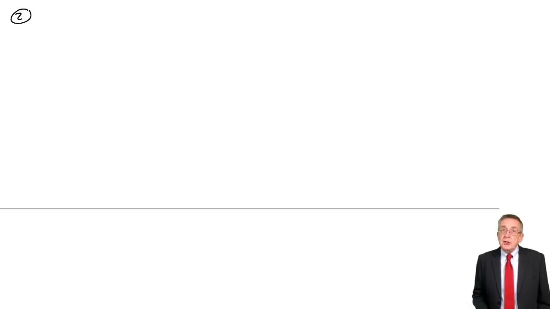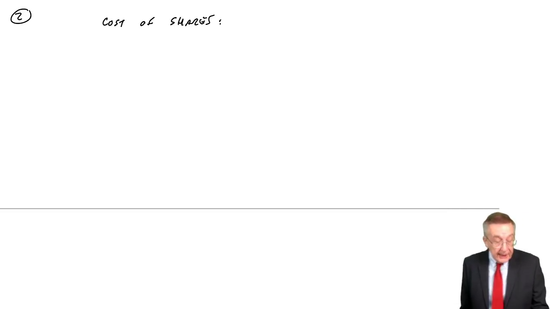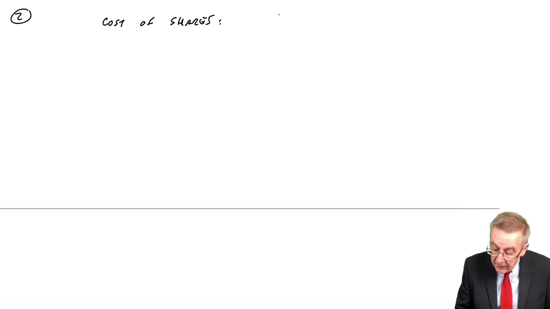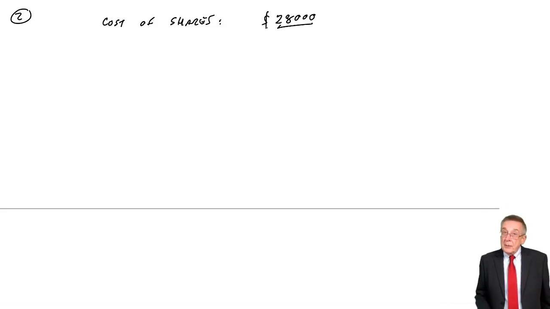Well, again, just let's check what P was paying for. The cost of the shares. We know how much they paid. Partly it's in the first line, but also look at P's statement. It says investment in S at cost. They paid 28,000. And what were they paying for?